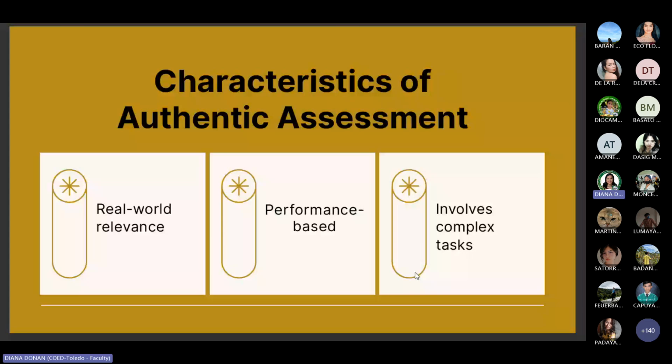Okay, so second is the performance base. So in this case, students are asked to do something, whether it is in the form of speaking, creating, designing, or solving. Their knowledge is shown through action, not just words on the paper, right? Then third, authentic assessment involves complex tasks. Why?